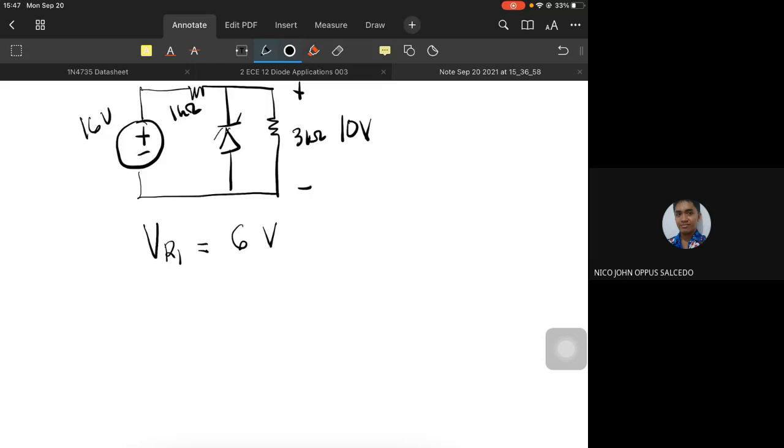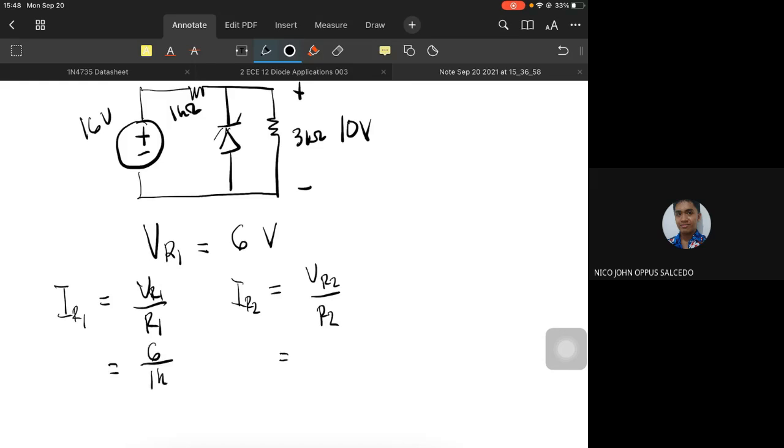So, could we now solve for IR1 and IR2? IR1 is by Ohm's law, V equals IR, so I equals V over R. So VR1 over R1. Same goes for IR2, VR2 over R2. 6 volts over 1K.